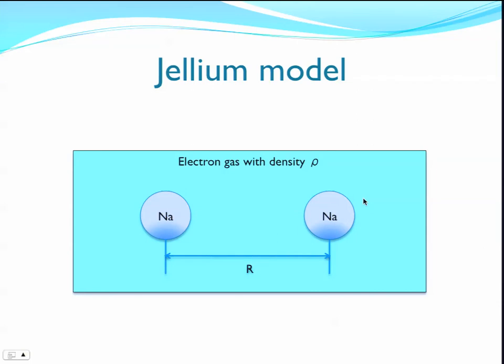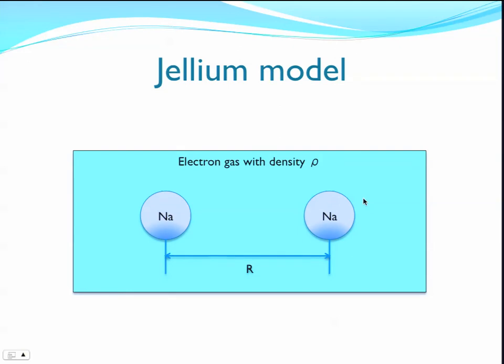Nowadays, this model is not used so often, and essentially it has two components in it. The first component is an electron gas with some given density neutralized by some positive uniform background, and the second component is just two sodium atoms immersed in this electron gas.